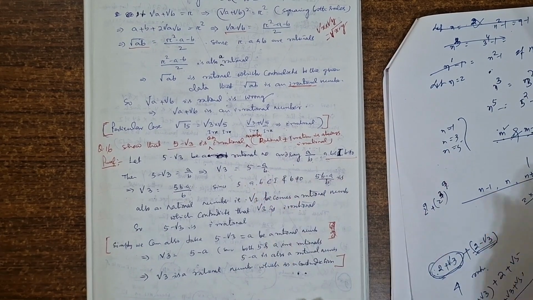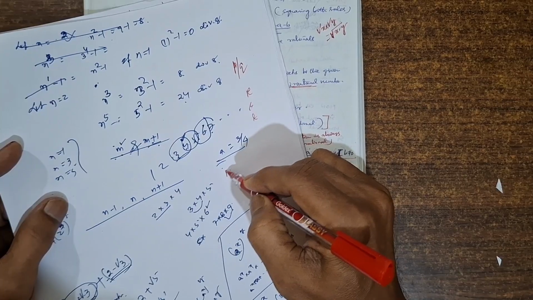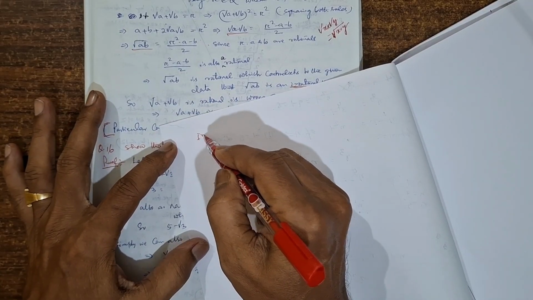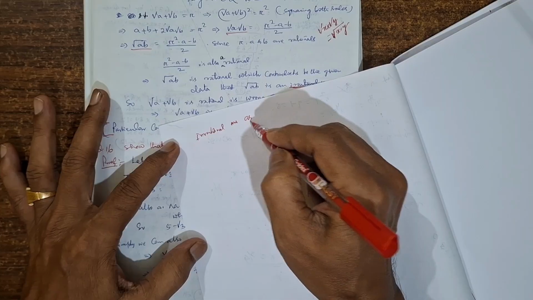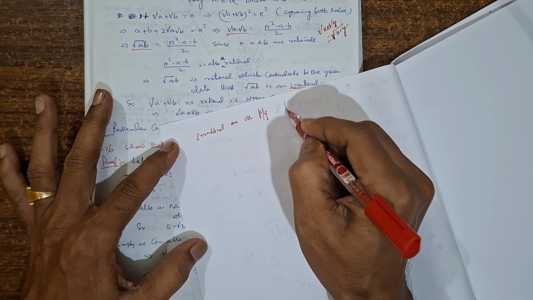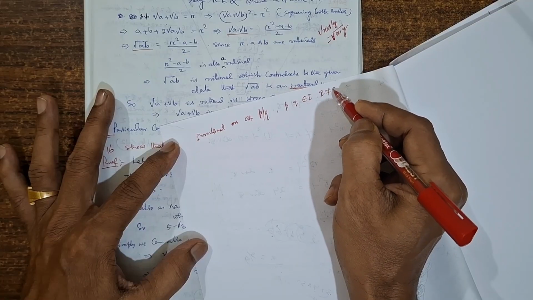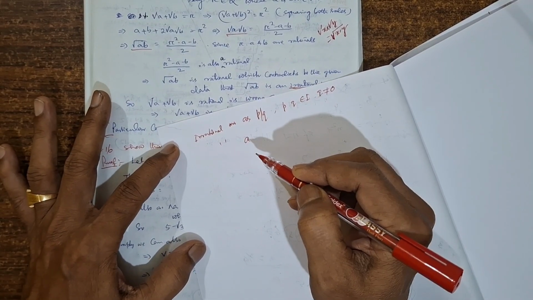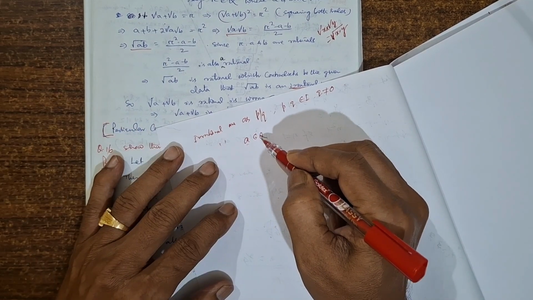When you are taking a by b, one thing to remember: whenever you are taking an irrational number as p by q, p and q belong to I, q is not 0. But when we are taking a, a belongs to Q. Directly we are taking a to be a rational number.